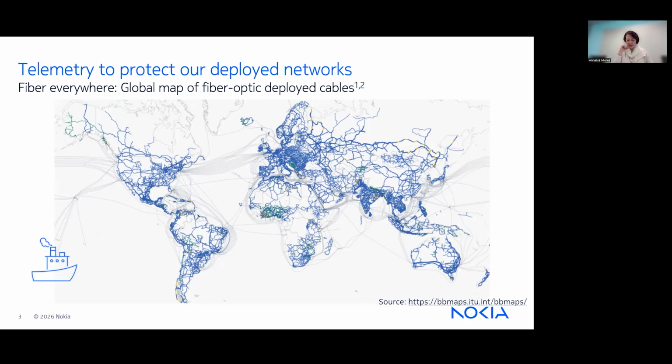And these resources are the optical fibers, both in submarine and terrestrial contexts. In this map, which is a public map that you can find here, we give you an idea about the capillarity of the optical fiber deployment. With the gray lines here, we have the submarine cables, and with the blue ones, the terrestrial ones.